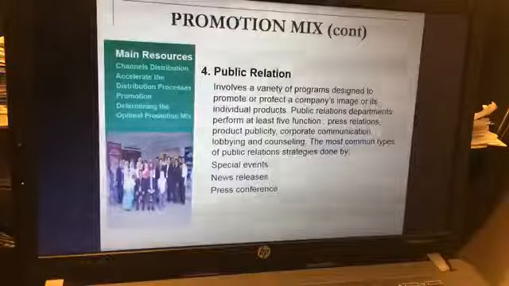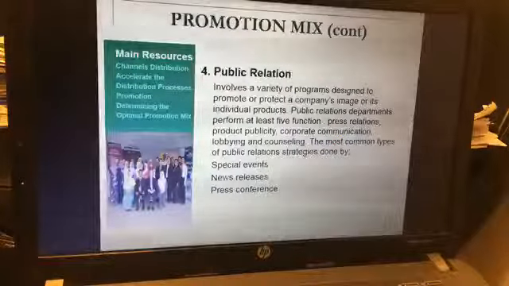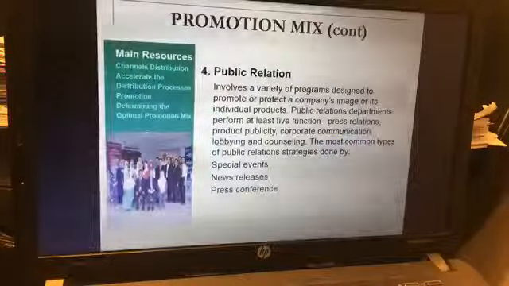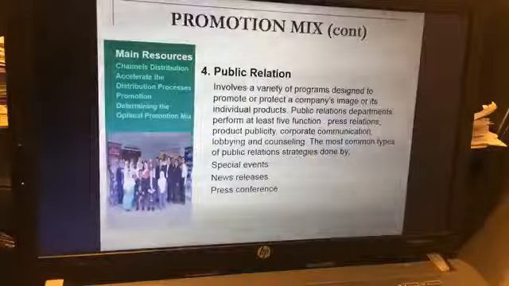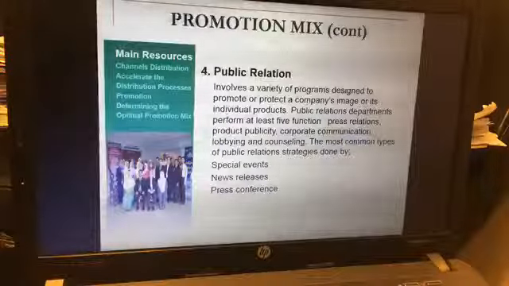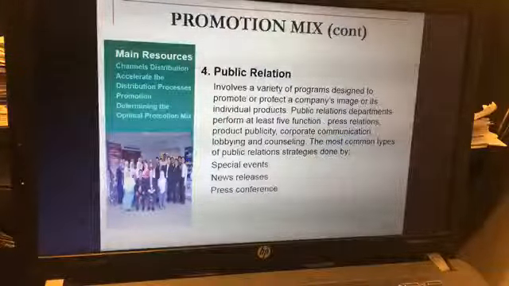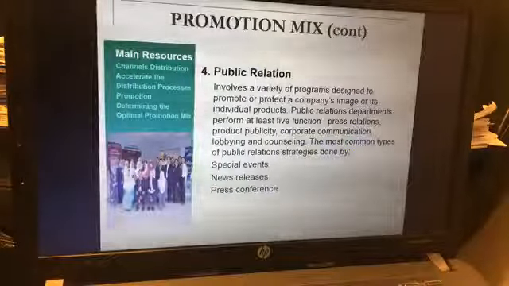This can be done by having a public relations department. Basically they perform at least 5 functions: press relations, product publicity, corporate communication, lobbying, and counseling. The most common public relations strategies are special events, news releases, and press conferences.